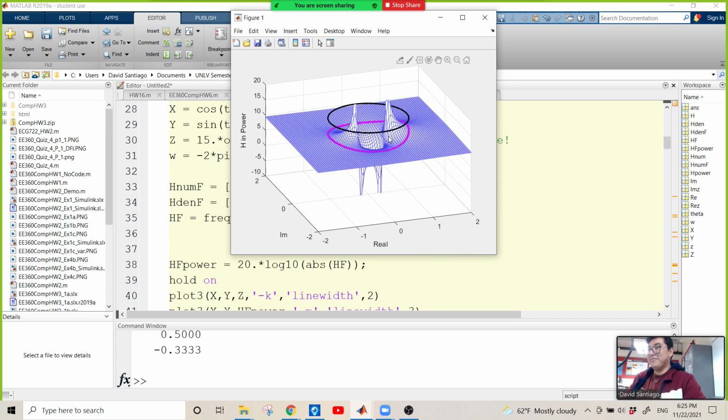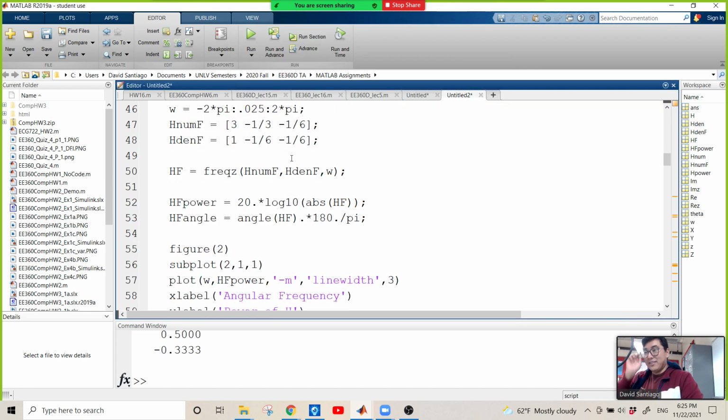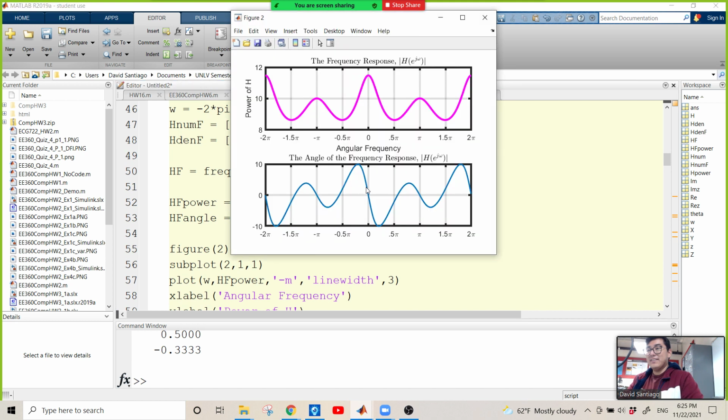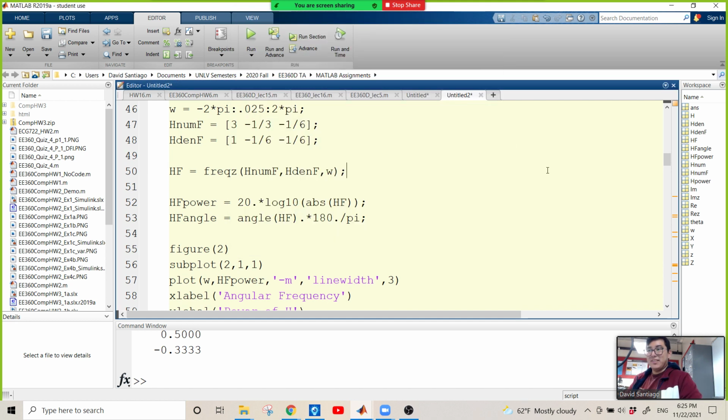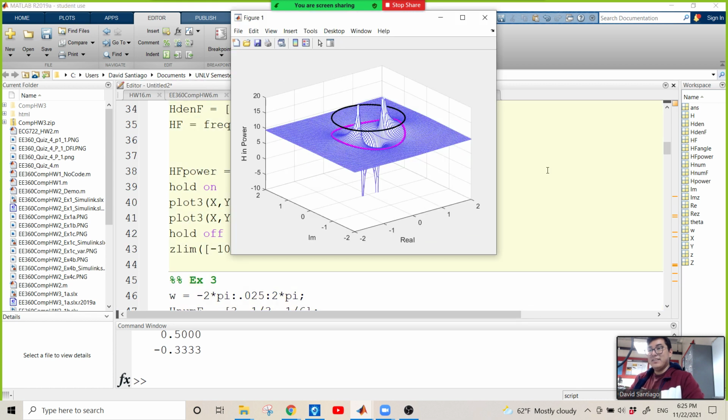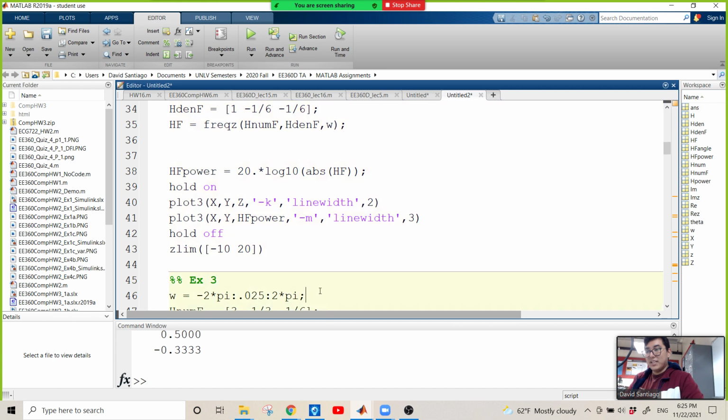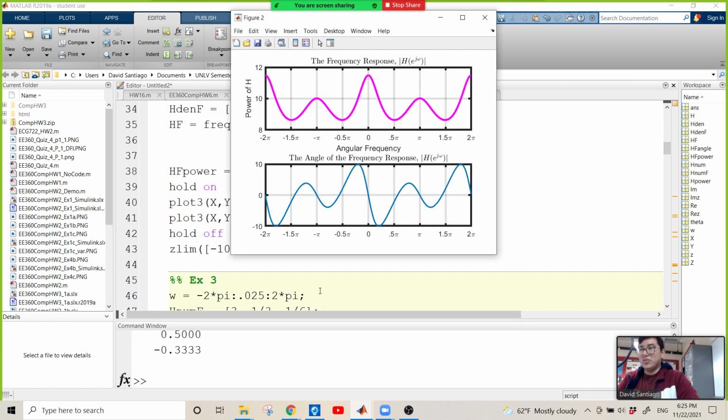Cool, right? And now let's go to this one, and that's just doing the Fourier, looking at the imaginary axis. Cool, right? And that pink line or magenta line is that, just wrapped around it. And let's see, what type of filter response is this?